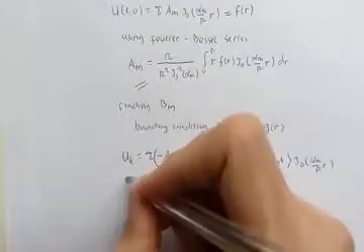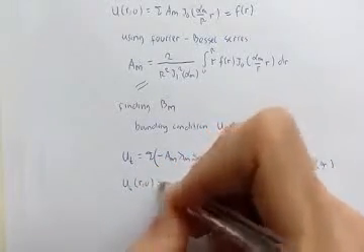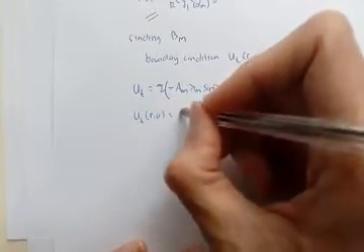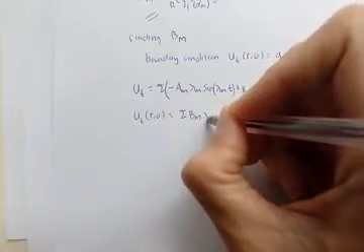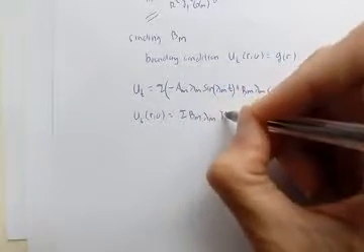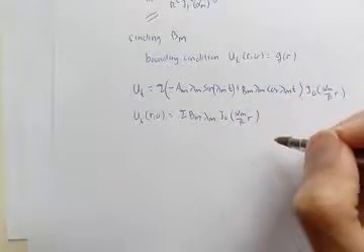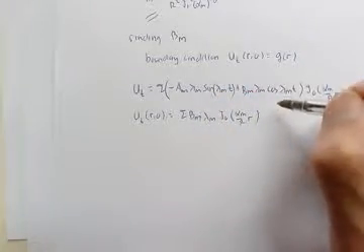Okay, and this velocity when t equals 0 will become, because the sine will become 0 and the cosine will become 1.